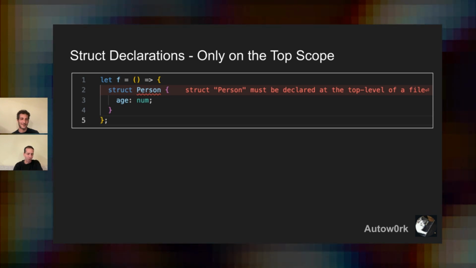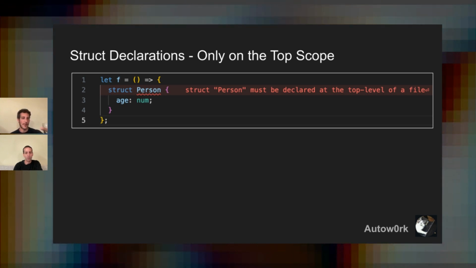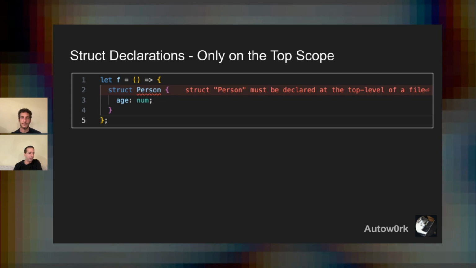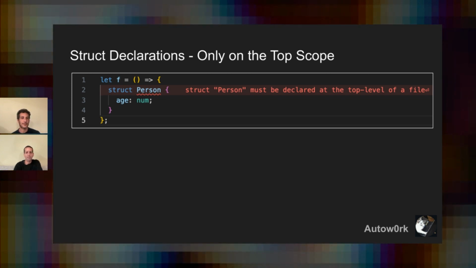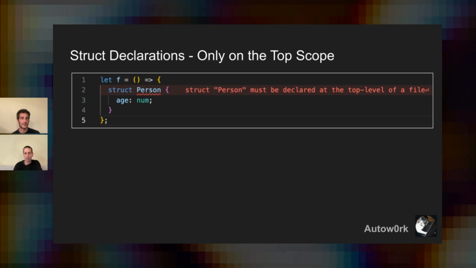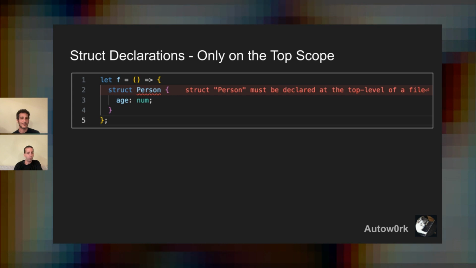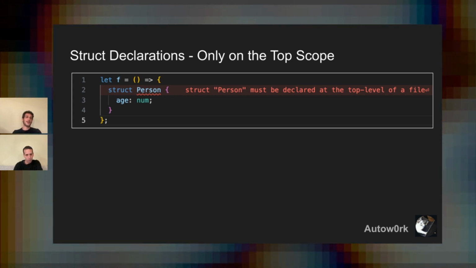He got right into it and added some nice contributions to the compiler. Here, we identified that it creates confusion where you can declare structs in different areas of your code. So we just limit it to the top scope, so to the top of the file, basically. Awesome. Great.